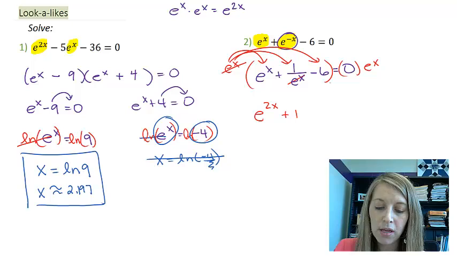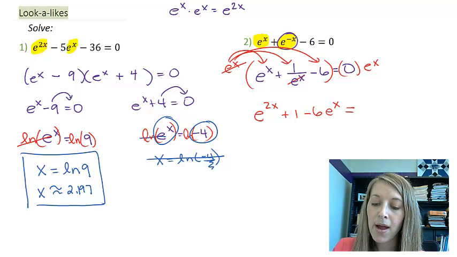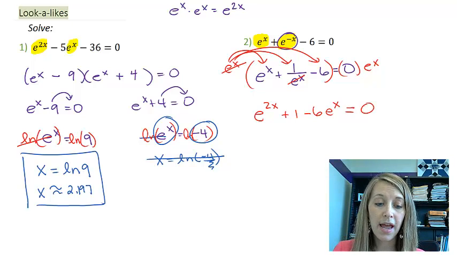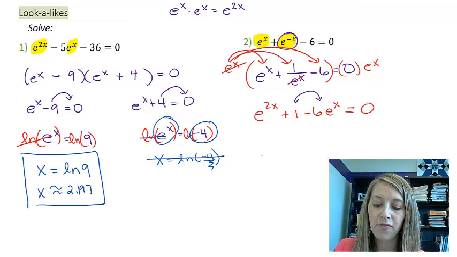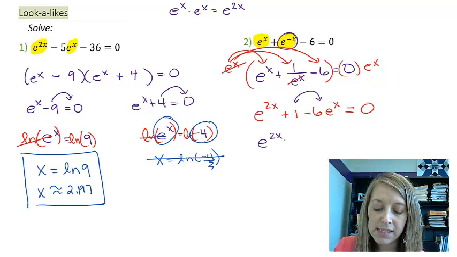And when I distribute it here, that gives me negative 6 e to the x. On the right, I have 0 times anything, gives me just 0. And so now I have that quadratic equation. All I need to do is rearrange my format so I see the exact same version that I saw in example 1.